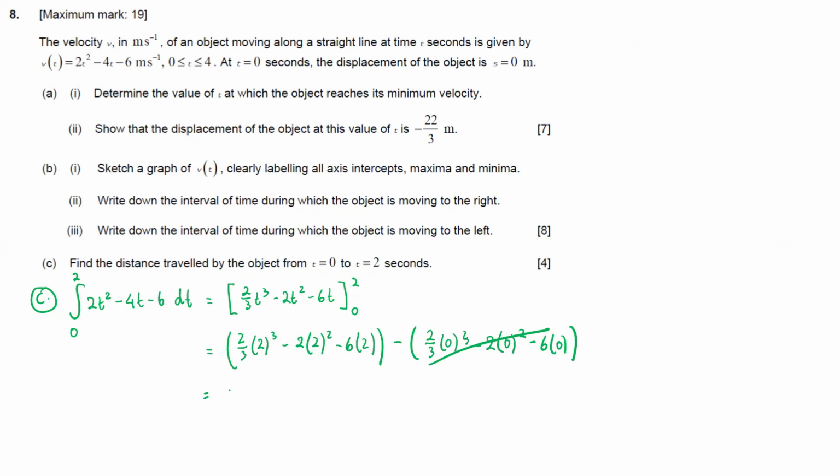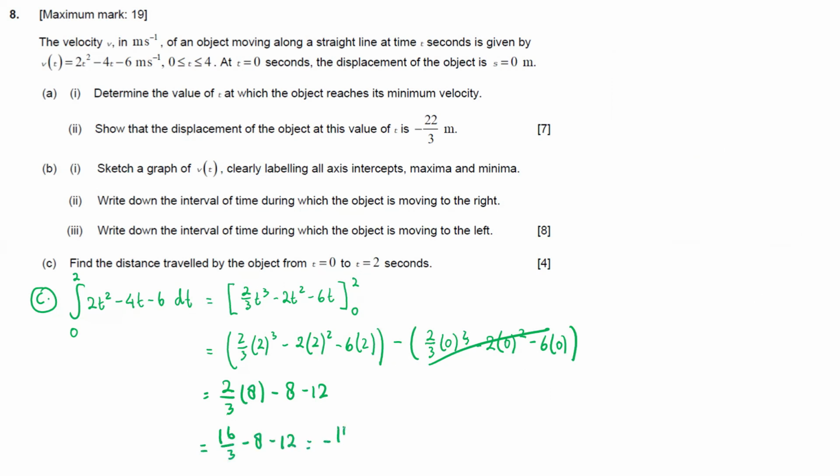So what will we have? 2 over 3 times 2 cubed, which is 8, then minus 8, and then minus 12. Simplify this: we have 16 over 3 minus 8 minus 12.